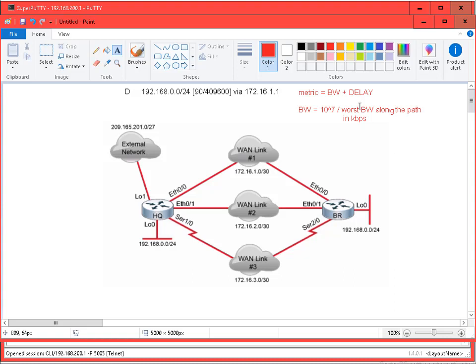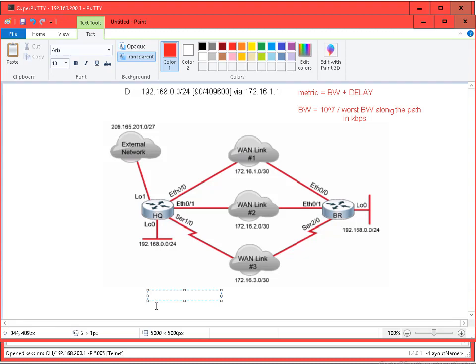Now, this is a very important concept I'm about to describe: there are two things when it comes to metrics that you have to understand. Metric rules. Number one, only egress values are considered in the calculation. By the way, this applies to any protocol that is doing any kind of metric calculation.